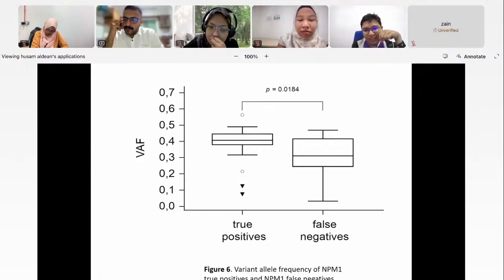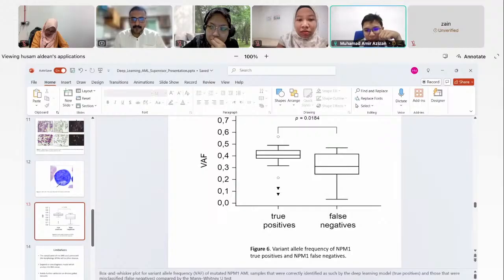So the upper line means the upper range, and the lower line is the lowest value. You can see that for false negative the values vary more compared to true positive, which is more concentrated. That's what I believe. But it shows that the median and the box are higher in true positive.